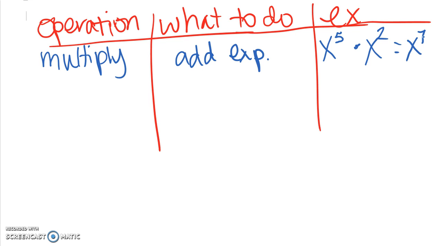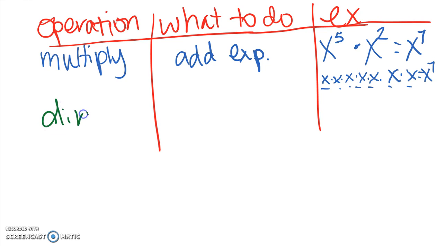The reason you do that is because x to the 5th power is x times x times x times x times x. It's 5 x's. And then times x squared is 2 x's. So in total, you have 1, 2, 3, 4, 5, 6, 7. That's why it looks like that.